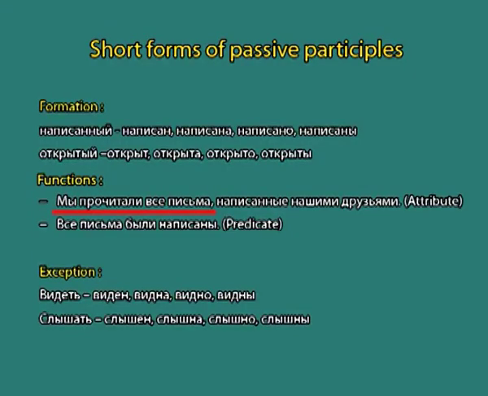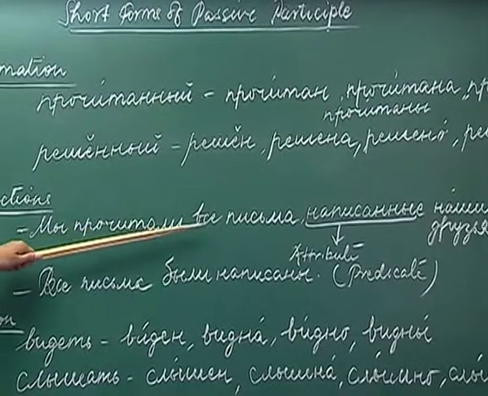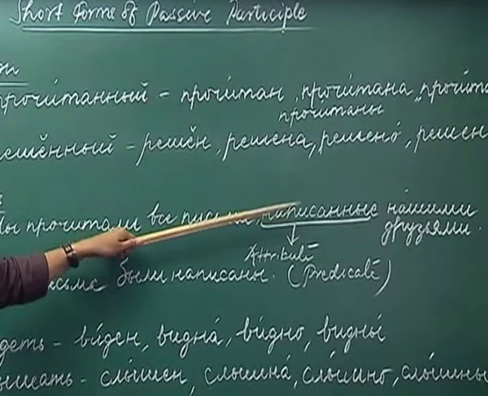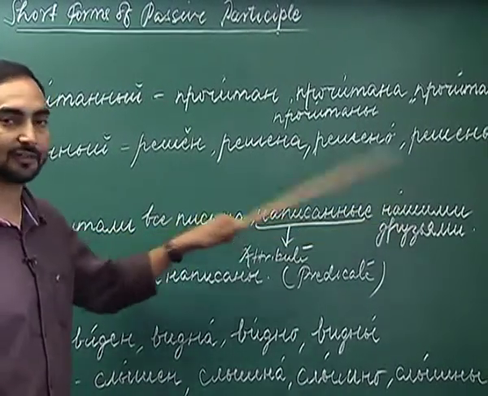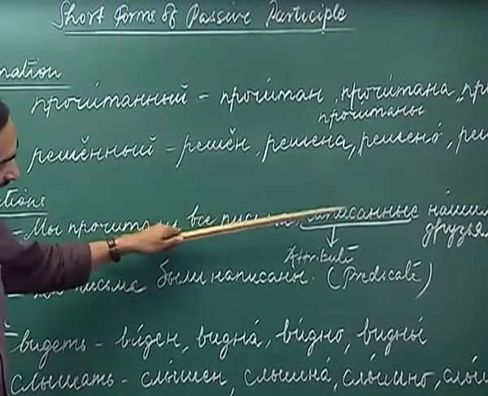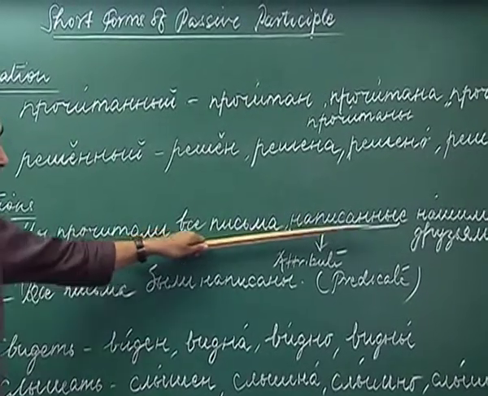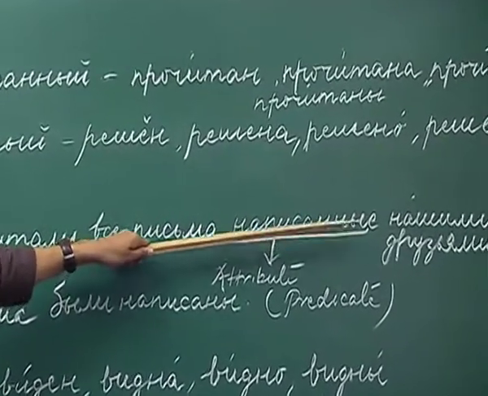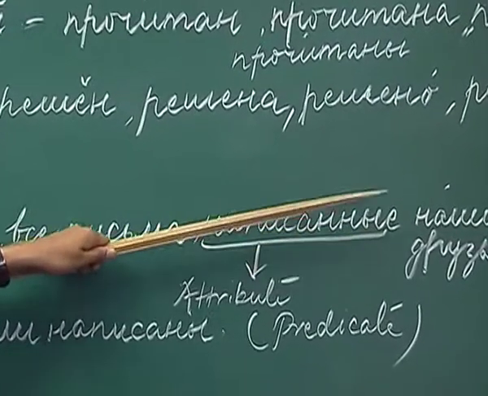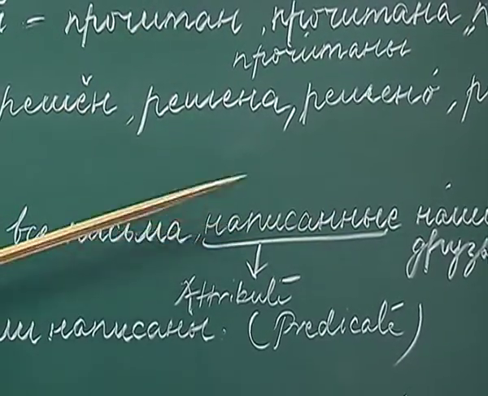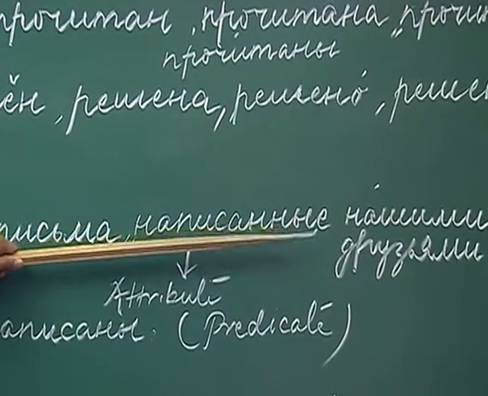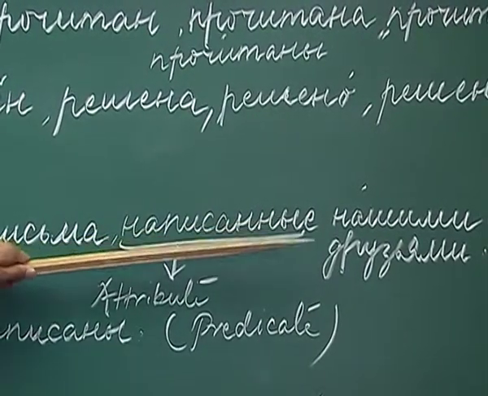Mui prachitalif si apisma napisanye nashimi druziyami. So, we read all the letters which were written by our friends. So, here we are using the full form of the passive participle, past participle passive. From napisaj we form the past participle passive napisanni.